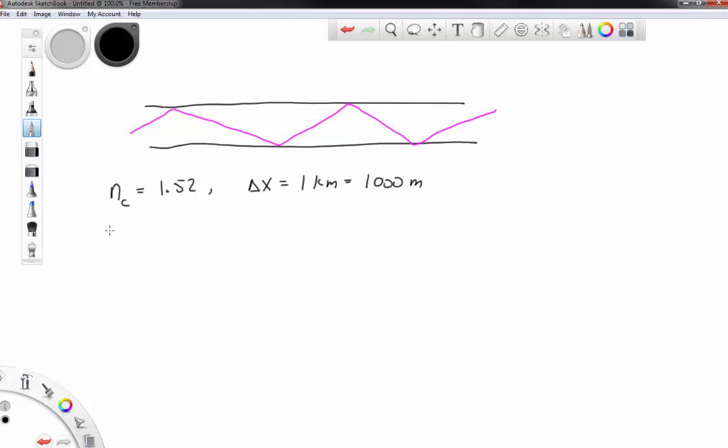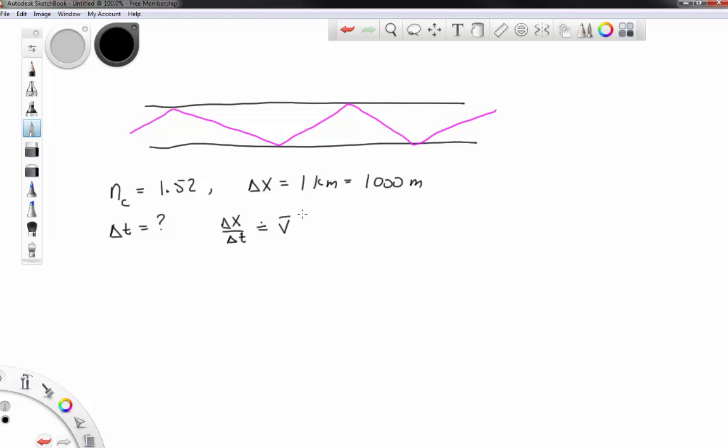And we wanted to know how much time it's going to take for the light to travel this distance. And as you recall from simple kinematics, the distance over the time is what is defined as the average speed of an object.